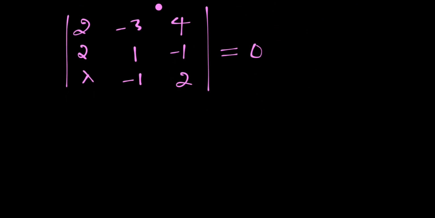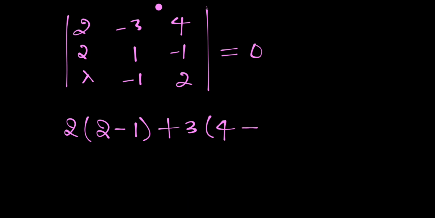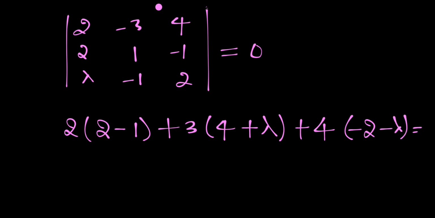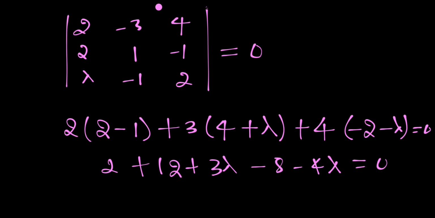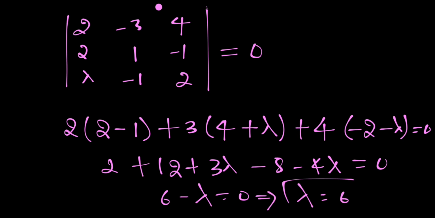Now we have to simplify this. We get 2(2 − 1) + 3(4 + λ) + 4(−2 − λ) = 0. Only normal simplification has to be done here. So we get 2 + 12 + 3λ − 8 − 4λ = 0. Simplify: 12 − 8 is 4, 4 + 2 is 6, 3λ − 4λ is −λ, so 6 − λ = 0, which implies λ = 6 is the answer.